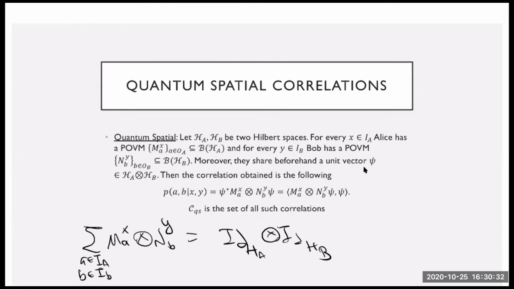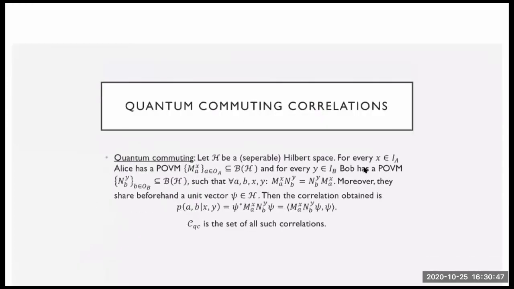And box A only acts on its part of the space, and box B only acts on its part of the space. This is very important. Great, so these are the quantum spatial correlations, and we denote the set of all such correlations as CQS.